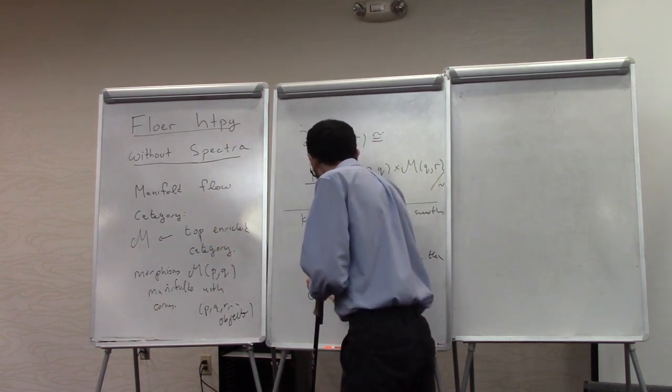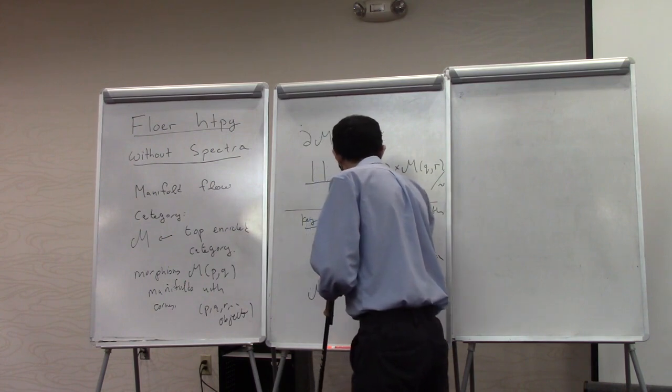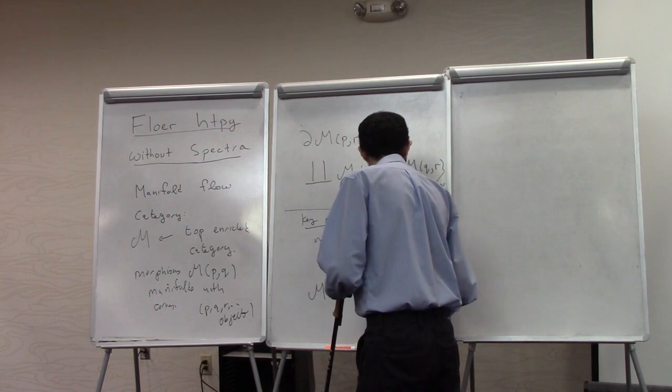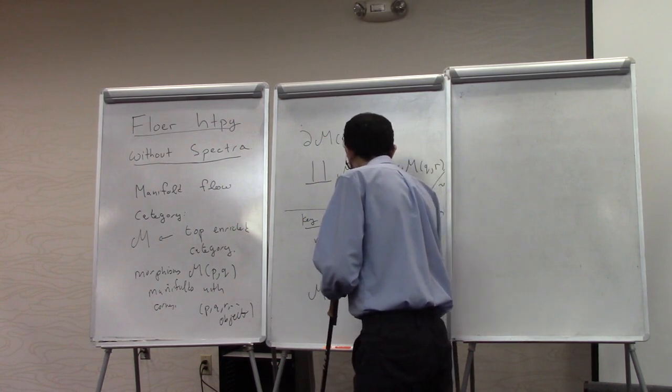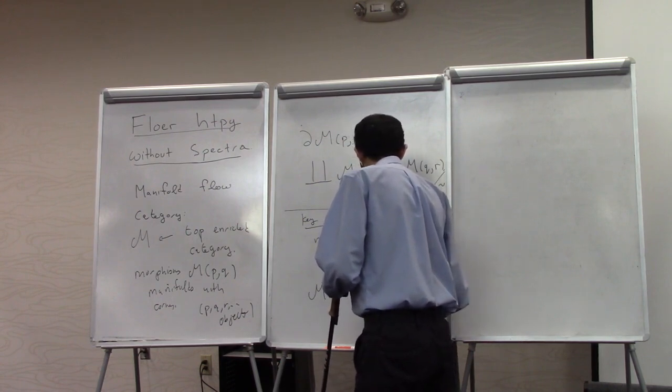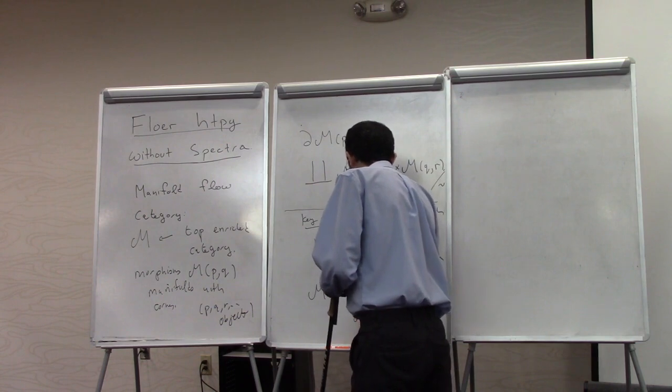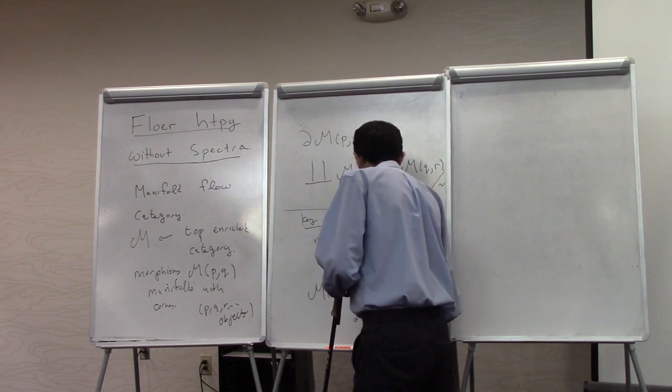Let's call it M of f. This is a manifold flow category, with morphisms given by the space of gradient flow lines, with their length.